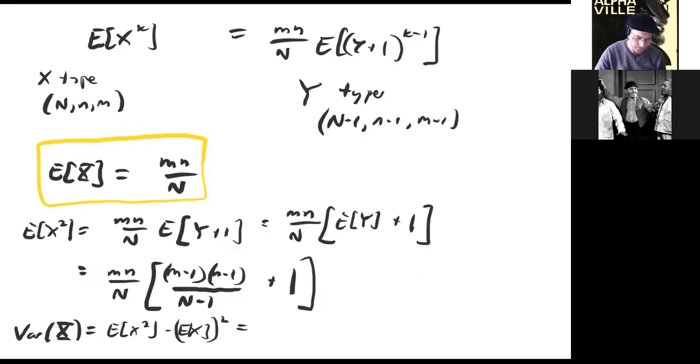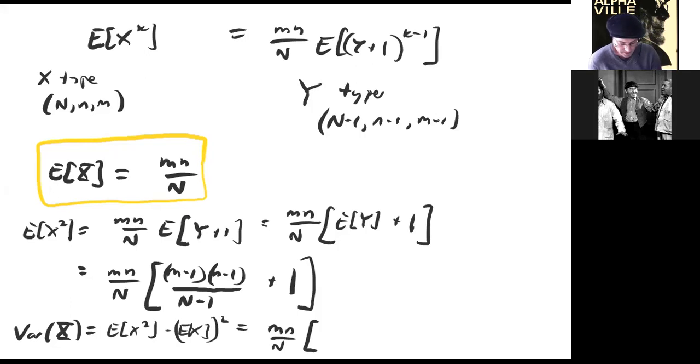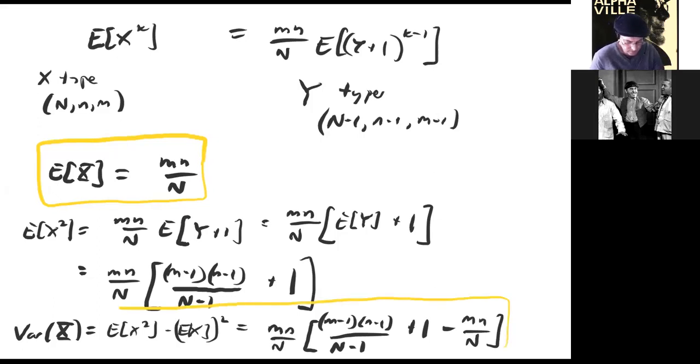It's going to be MN over N times M minus 1, I'm just doing the substitution now, N minus 1 over capital N minus 1, plus 1 minus the square of this MN over N term. Okay, so it's a bit of a mess. And you're not going to be able to remember this. Who's going to remember this? But I'm going to box it. Okay, so there you have it.